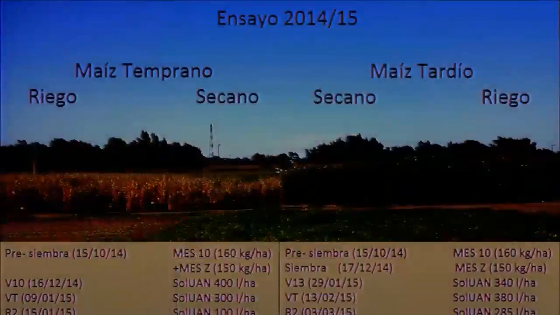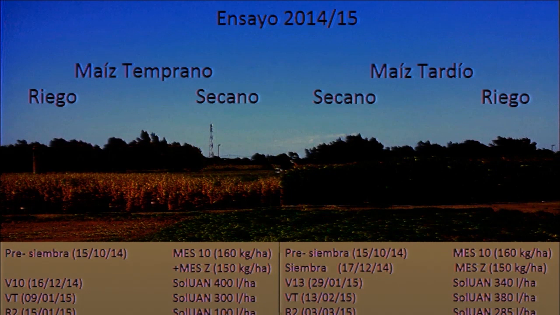In this photograph to the left, we have the early planting, and to the right, the late planting for corn. We also consider the irrigation systems versus the dryland system.